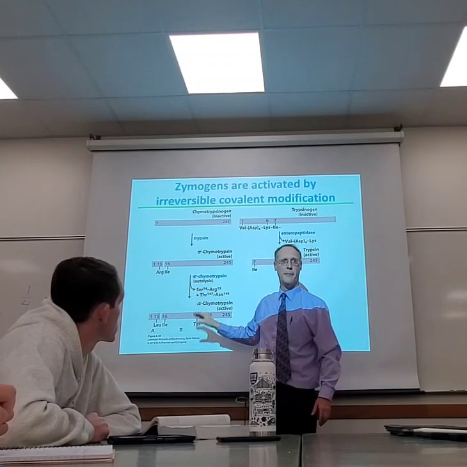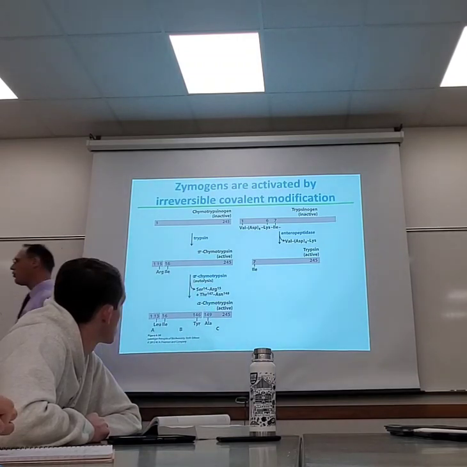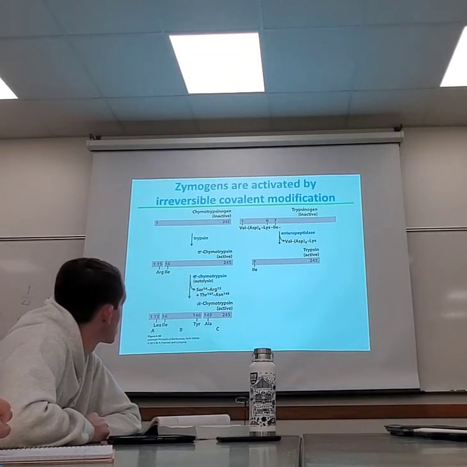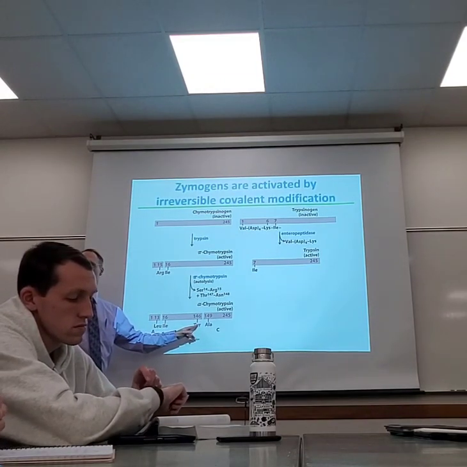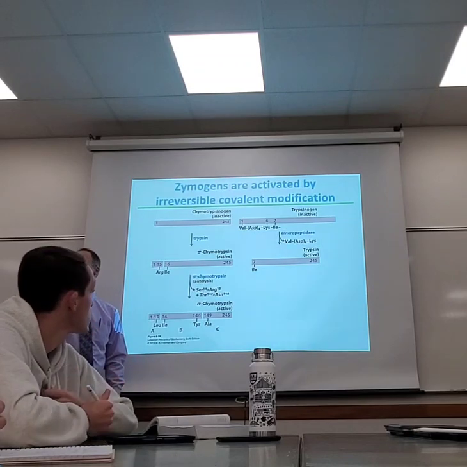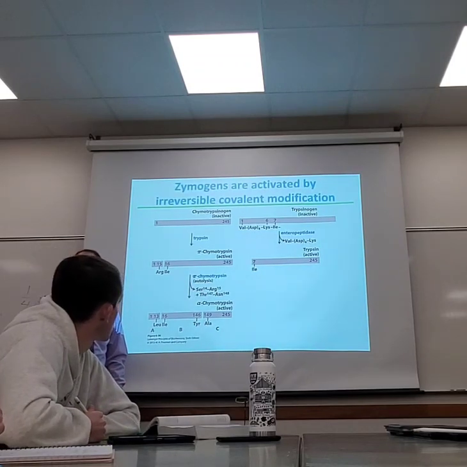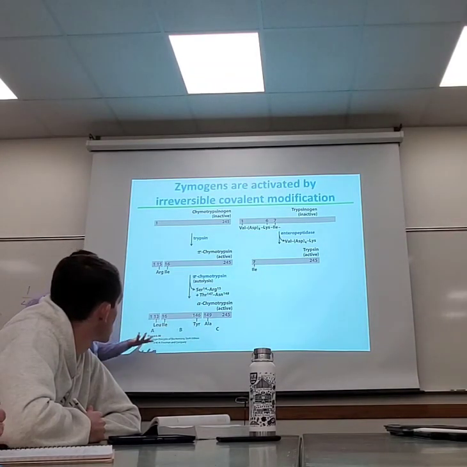Is there a reason why it's isoleucines on both sides that you cut to? There's a reason that this is tyrosine, because chymotrypsin was active with which type of amino acids? We already covered that. Aromatic. Aromatics. And you're like, oh, that makes perfect sense. I'm going to cut to the side of the aromatic.